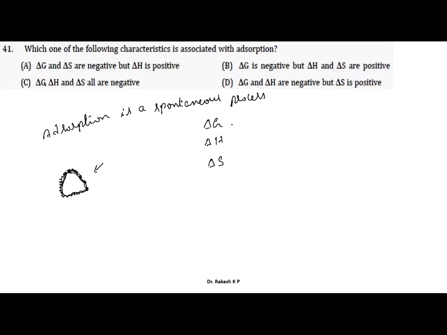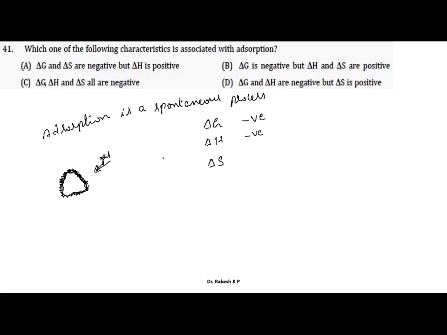If the process is spontaneous, delta G is always negative, and delta H is also negative. Suppose we have a gas adsorbed on the surface of the adsorbent. This gas will be adsorbed on this surface here, hence the movement will be less.